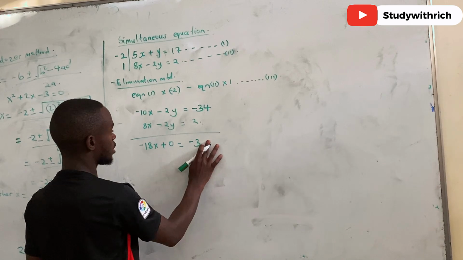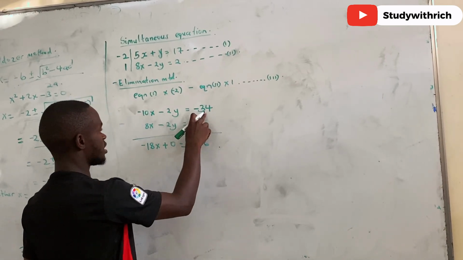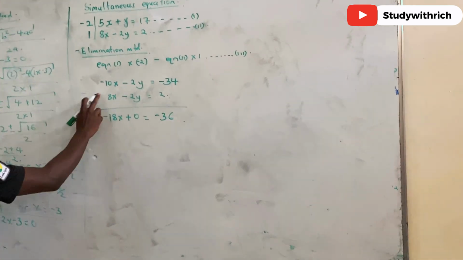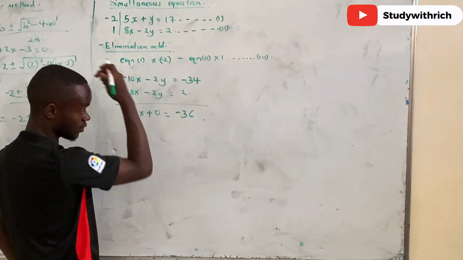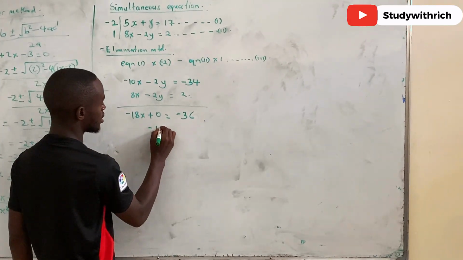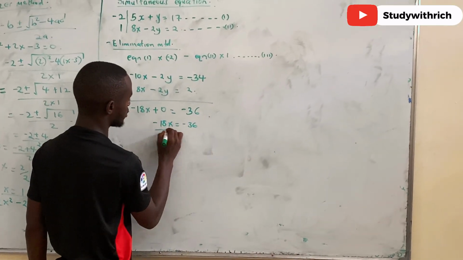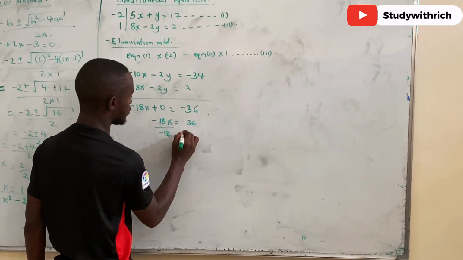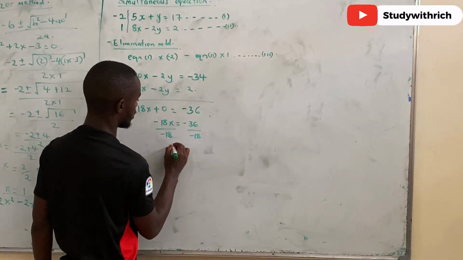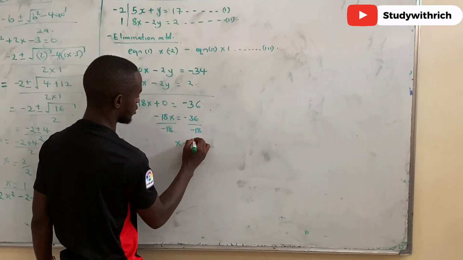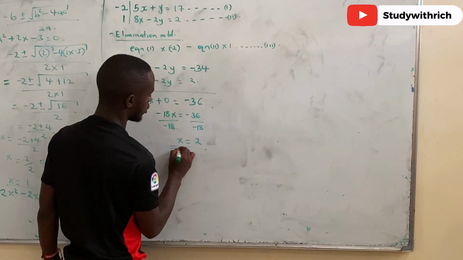No, negative 36, sorry. Negative 34 minus 2 will be negative 36. So negative 18x is equal to negative 36. Divide by negative 18, divide by negative 18. You find out that x will give us the value of 2.